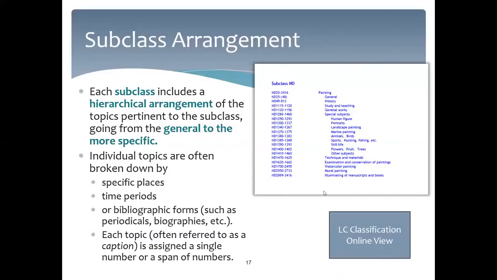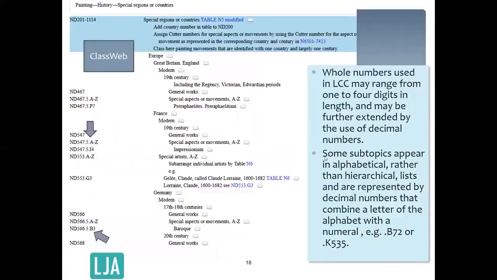When you get a span of numbers, that doesn't mean you assign that whole span in your call number. It means that you need to dig down a little bit more until you figure out exactly where your subject is going to go. And we'll talk more about that as we go forward.